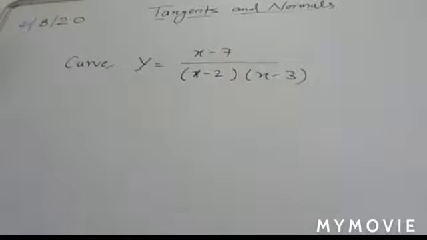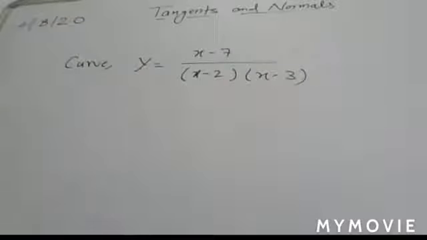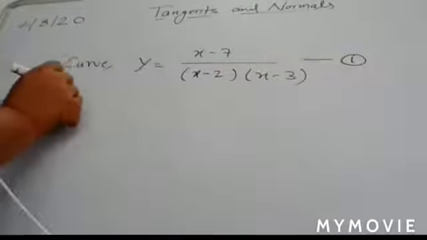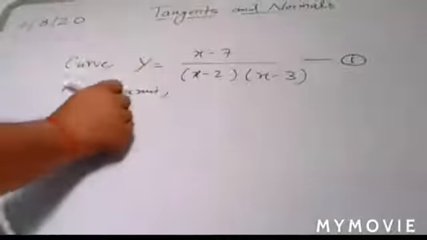So, trying to solve it. First of all, you find the point of contact. How do you find it? The given curve cuts the x-axis, so for the x-axis, y is equal to 0.